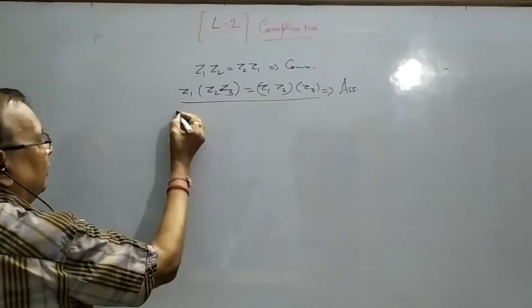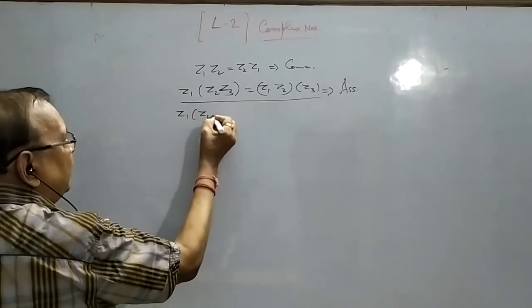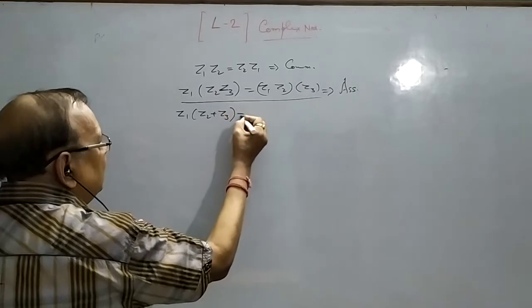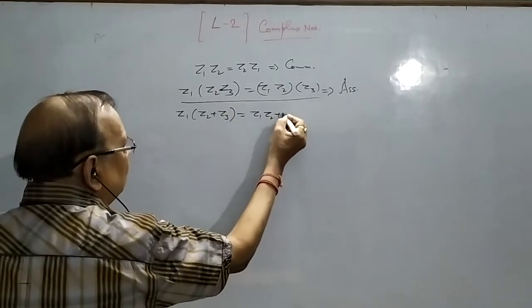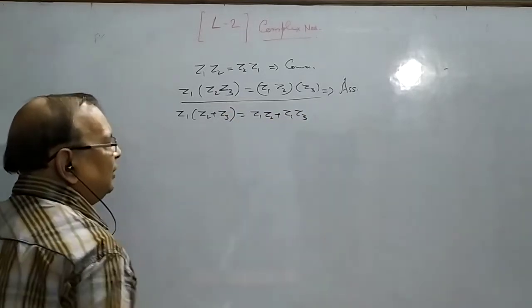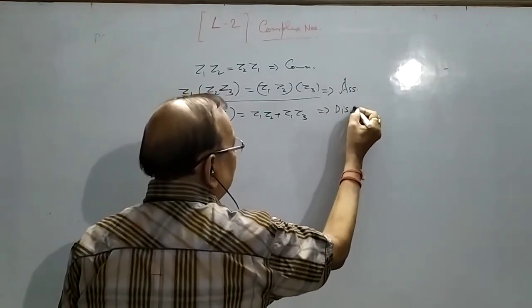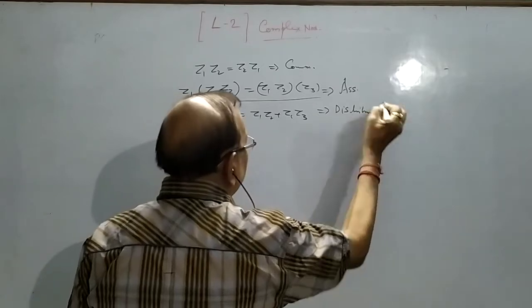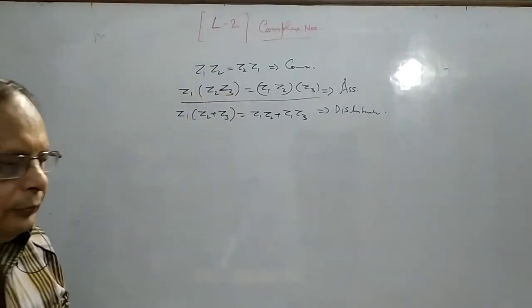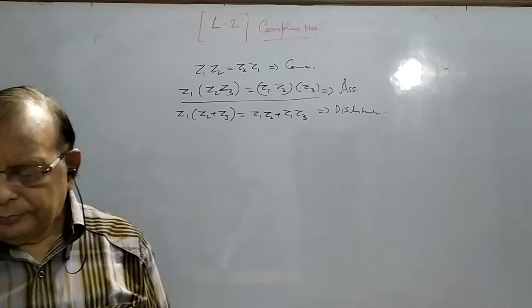And z1 into (z2 plus z3) is equal to z1 z2 plus z1 z3, that is distributive property. You may apply that.